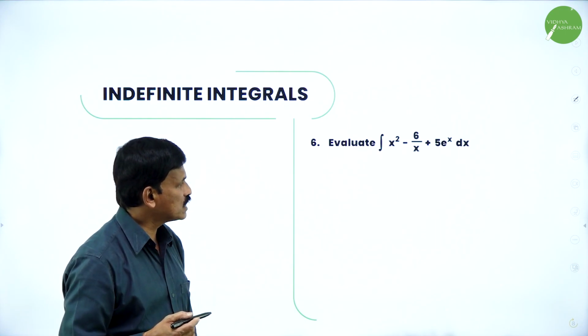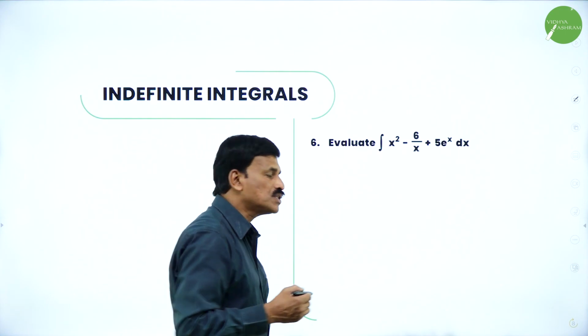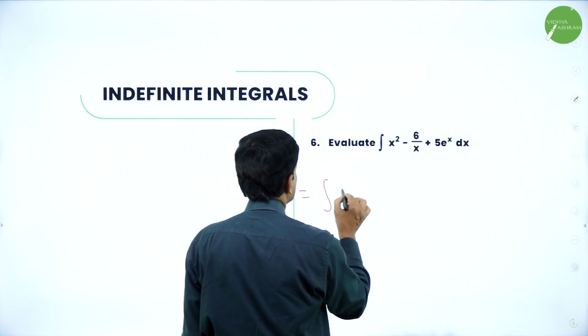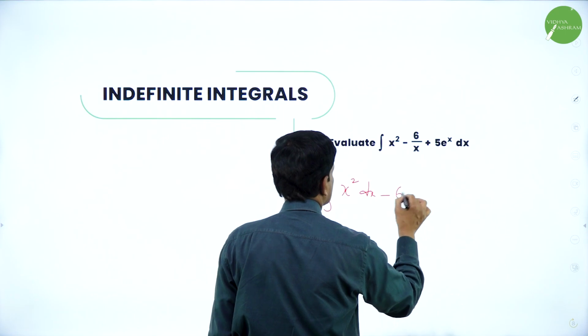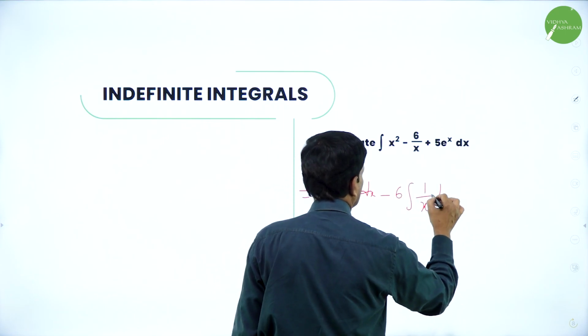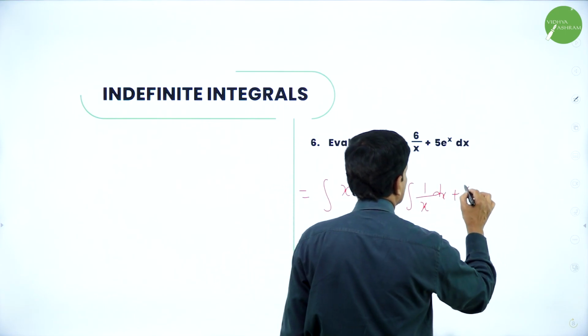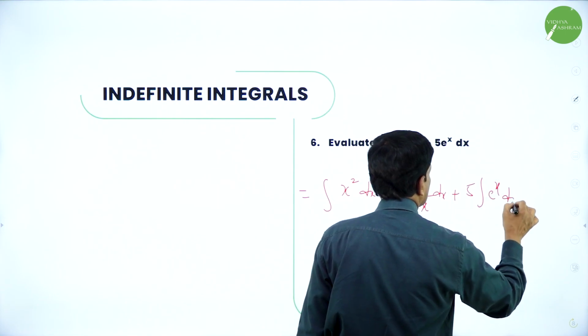Evaluate x square minus 6 by x plus 5 times e to the power of x dx. So this is also term by term integration. Integral of x square dx minus 6 constant integration of 1 over x dx plus 5 constant integral of e power x dx.